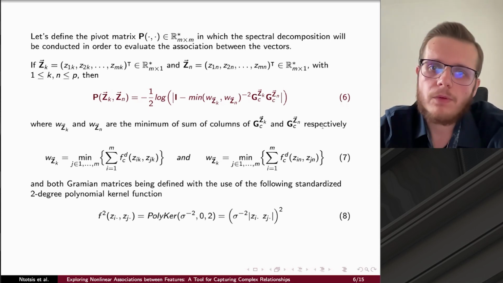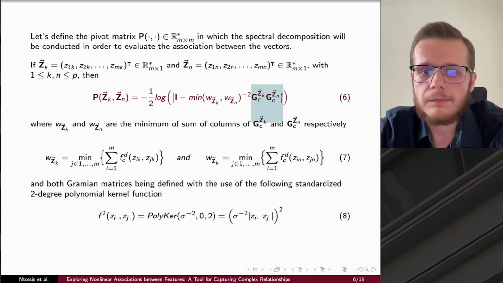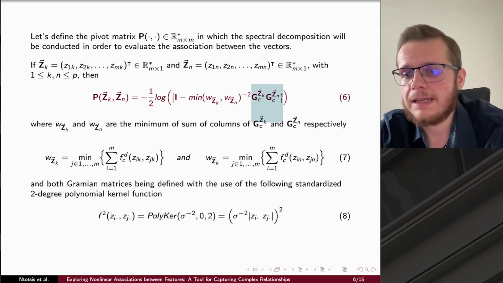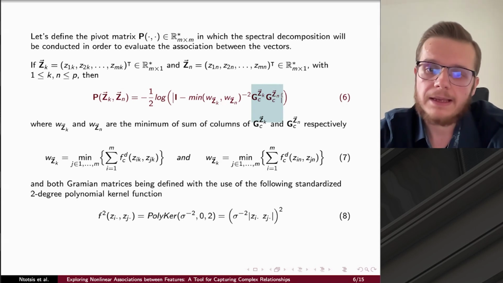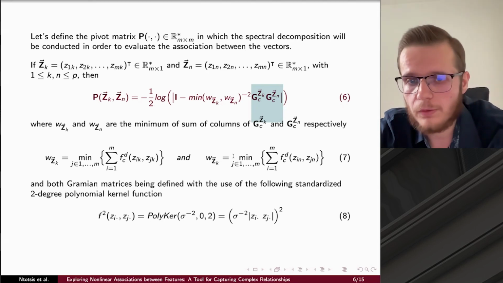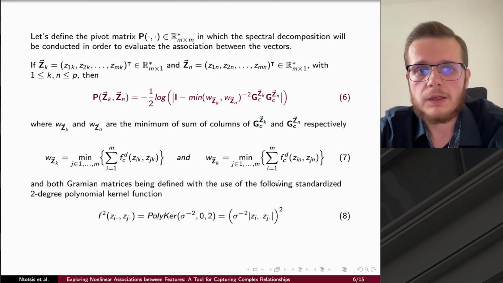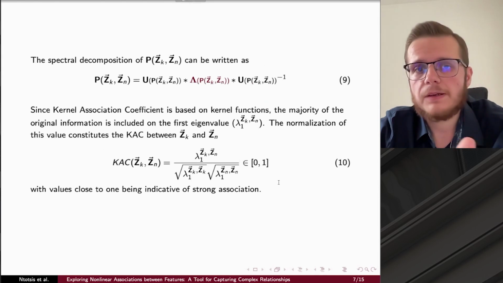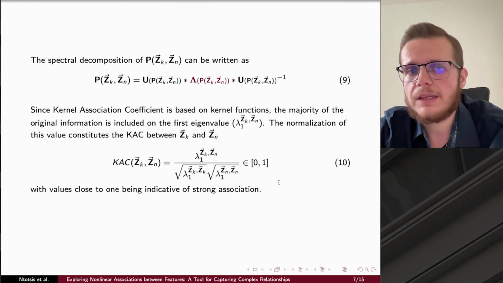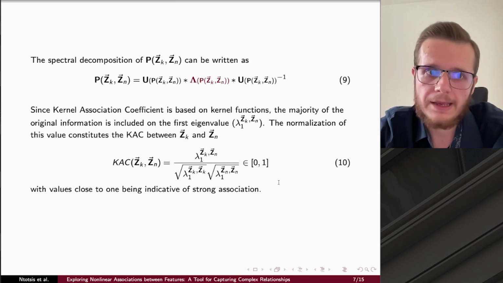Note that both Gramian matrices here have been defined with the use of the standardized second-degree polynomial kernel that we can see in equation number 8, and is the one that we mentioned earlier when we defined the polynomial kernel. So the spectral decomposition of the pivot matrix can be written as we can see here in equation number 9.